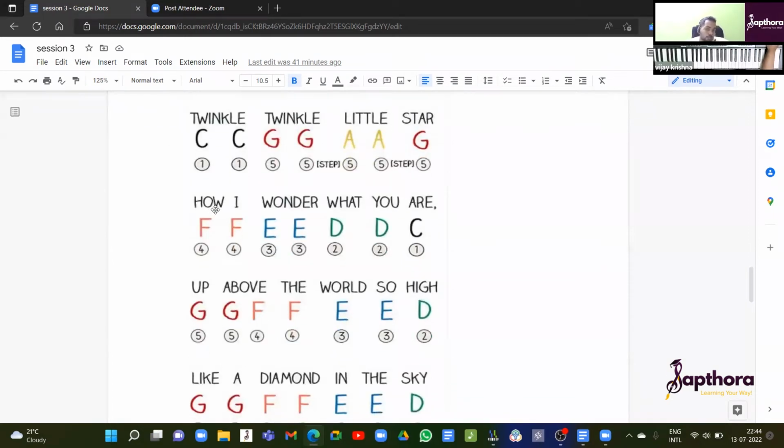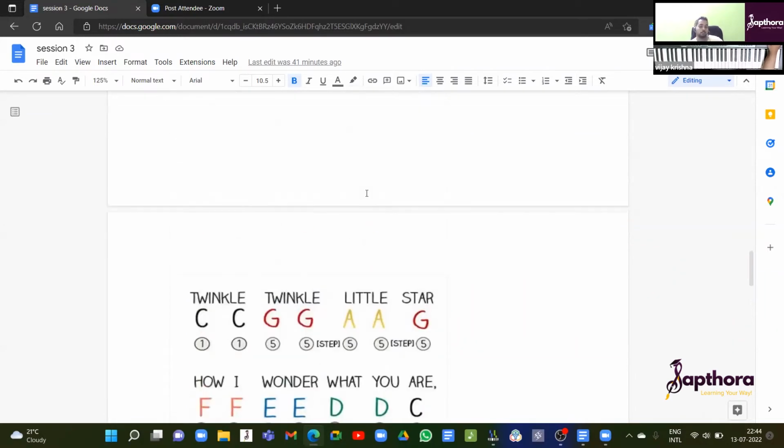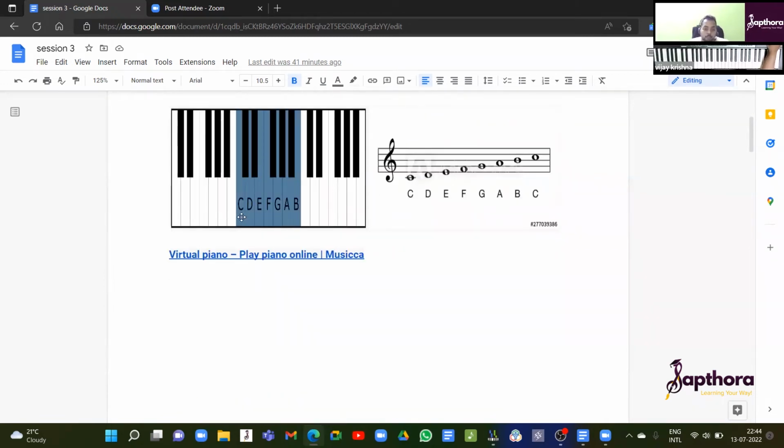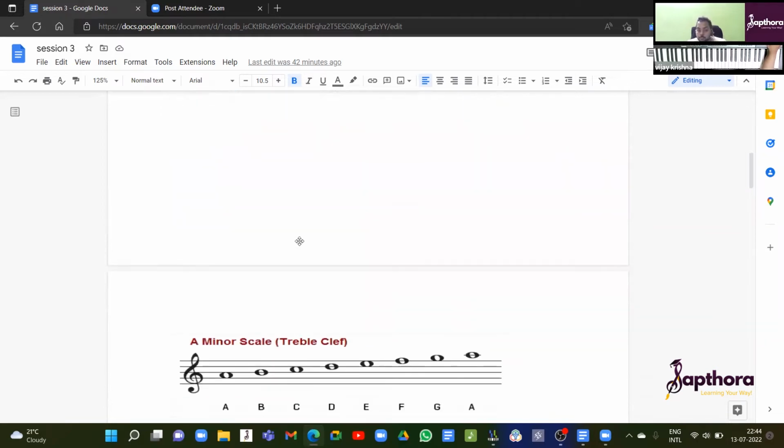So all the 6 letters we'll use for this lesson: C, D, E, F, G and A. We'll use all the C, D, E, F, G, A present on the keyboard to play Twinkle Twinkle.